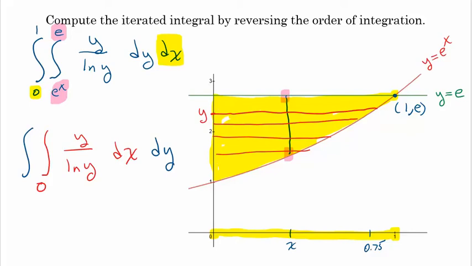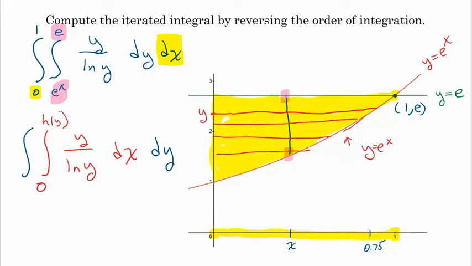Now remember, with this dx here, we need this upper bound to be some function of y. So I need to write this equation, y equals e to the x, and solve that for x, so it's in terms of y. How are we going to do that?